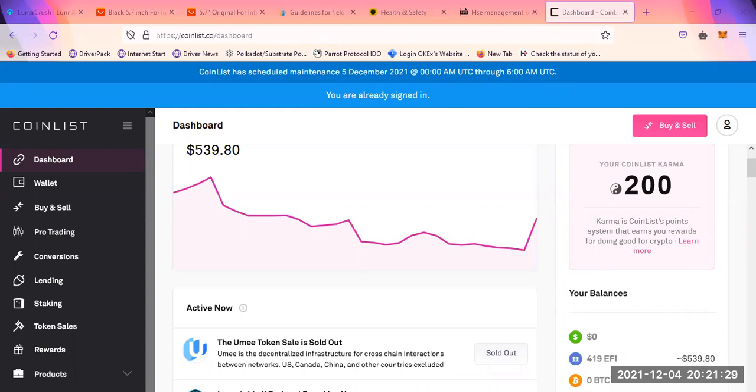Maybe the token might not do very well, but it's a very good investment platform where you can put your money and be sure of your investment. It will not get lost compared to PancakeSwap and the rest of the token sites. But there are also other very good platforms.